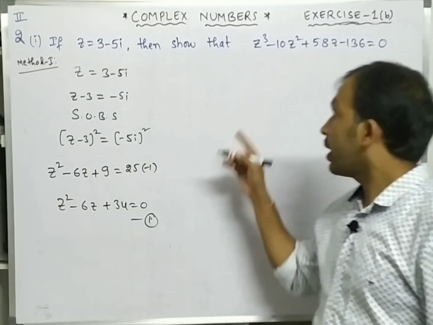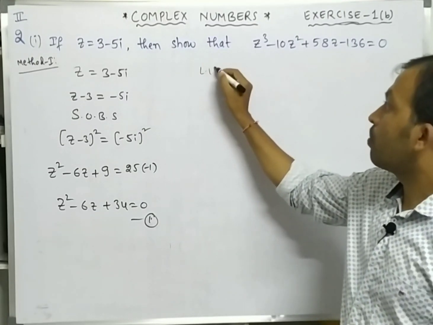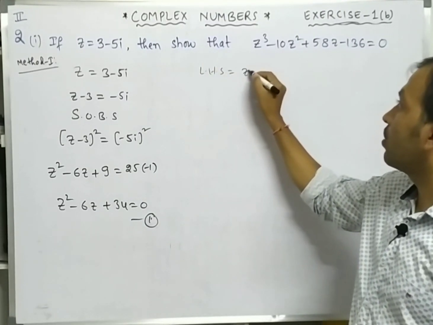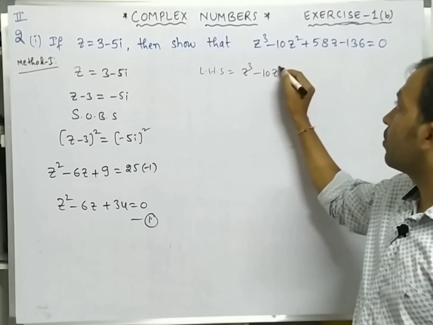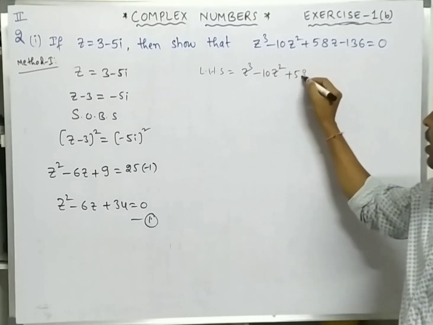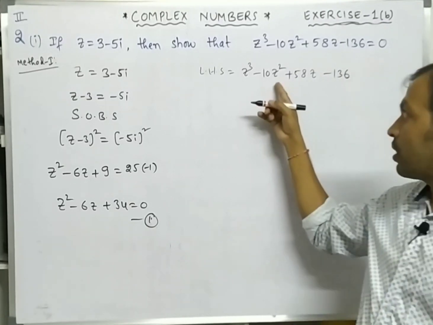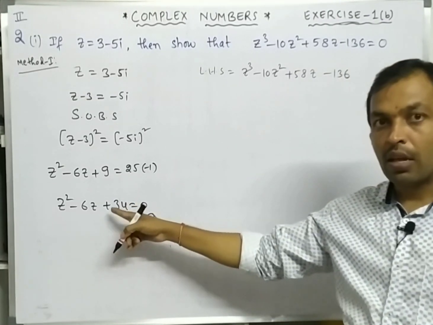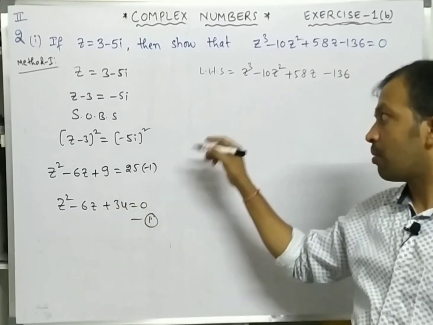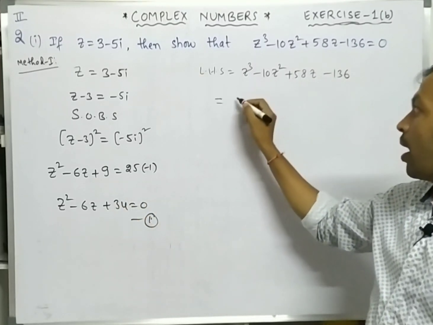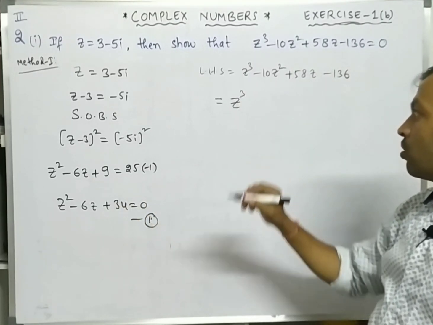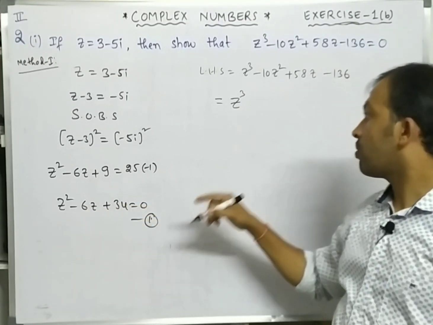Now take the left hand side part: z cube minus 10z square plus 58 into z minus 136. Write this expression by using z square minus 6z plus 34. So I am writing like this: z cube, then after we have 6z, right?